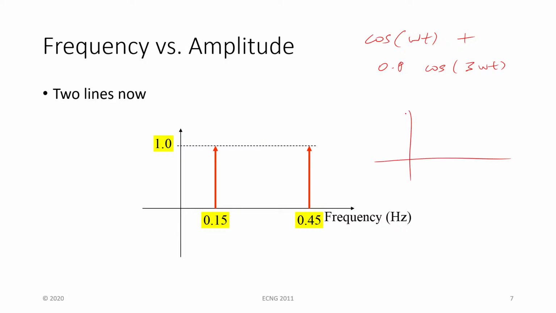What changes in this plot is that, with 0.15 and 0.45 here, our first cosine omega t will have a magnitude of 1, and cosine 3 omega t will have a magnitude of 0.8, but they're at the same individual frequency component values.